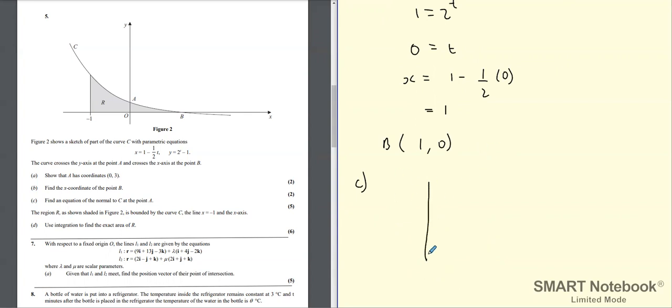For these type of questions, I always like sketching them so that I know roughly what it is that I'm trying to work out. So this here would roughly be the tangent, the solid black line, straight line. But we want the normal.